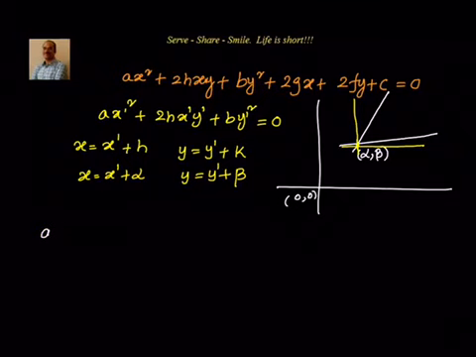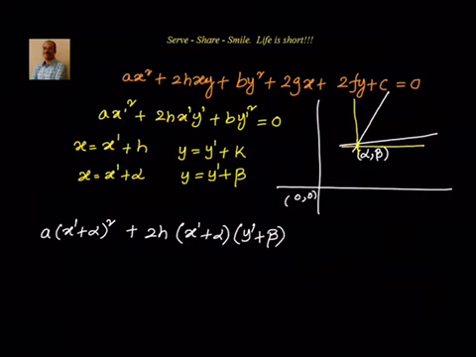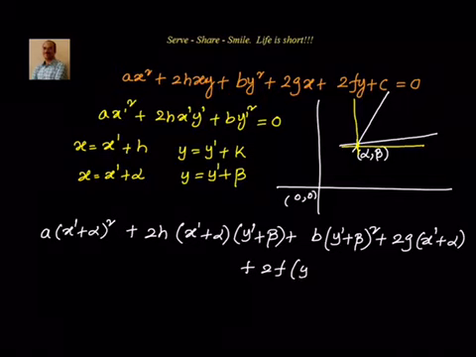So I'll write a(x' + alpha)² + 2h(x' + alpha)(y' + beta) + b(y' + beta)² + 2g(x' + alpha) + 2f(y' + beta) + c = 0. Now this is a transformed equation. Now we try to simplify this.